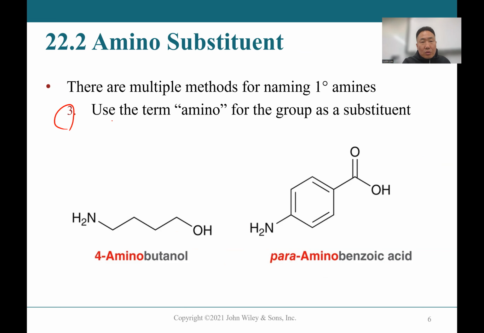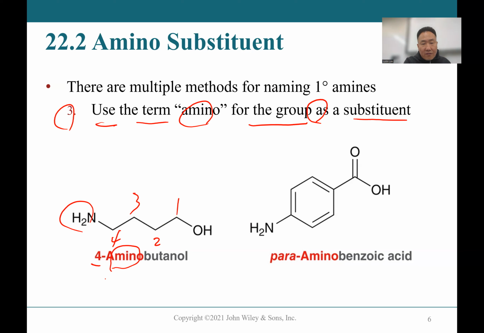And third, use the term amino for the group as a substituent. You can put numbers 1, 2, 3, 4. You can see the amino group at C4. So 4 carbons, butane. Drop the E and add -ol, that's an alcohol.